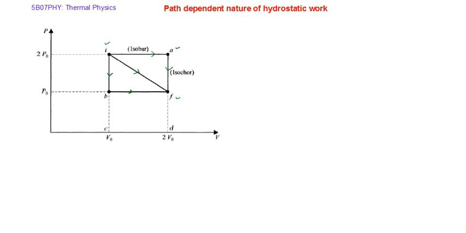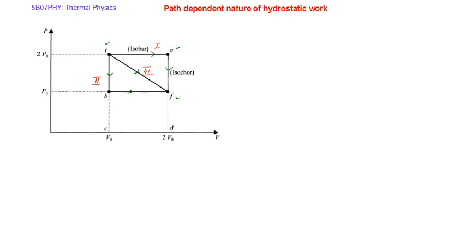What we will do, we will calculate the work done in each of these paths. So let me name these paths: this is path number 1, this one is path number 2, IBF, and this is path number 3. Let me label it so that we can refer back to it.